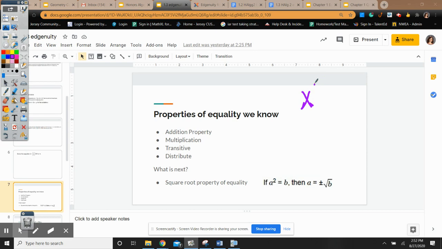If x squared equals 4, and you take the square root of both sides, you cannot just say x equals 2, because while 2 squared does equal 4, you also have to consider the negative 2. So anytime you say the words take the square root of both sides, you're going to want to make sure you remember to say plus or minus.